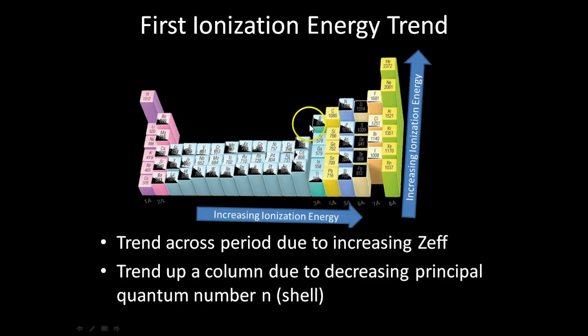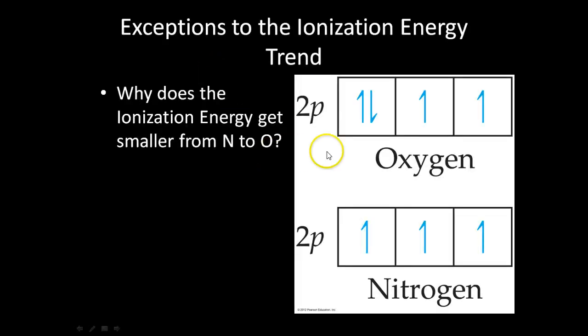There is one thing to note on this trend, though: it doesn't always follow it. You'll notice that the ionization energy is actually greater for nitrogen than it is for oxygen, even though Z effective is greater for oxygen. Why is that? The reason can be seen if you draw the orbital diagram for both of these. The outermost subshell is the 2p subshell.